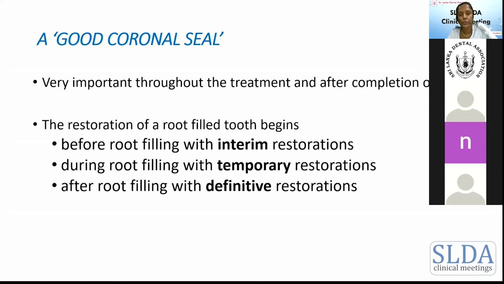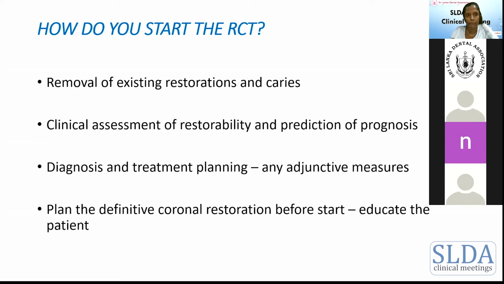So I think most of us are more concerned about the definitive restoration, what we are going to place as the final thing. But I see sometimes that we are not that bothered about the interim restoration as well as the temporary restorations. Let's see why these are very important to us.